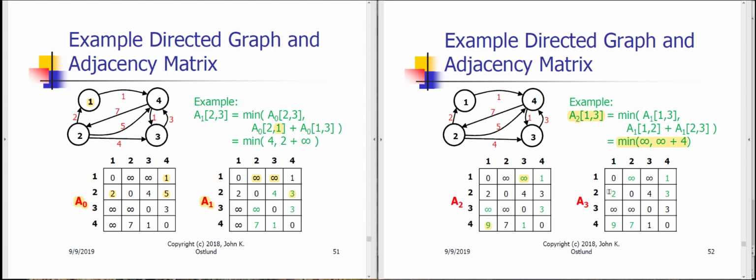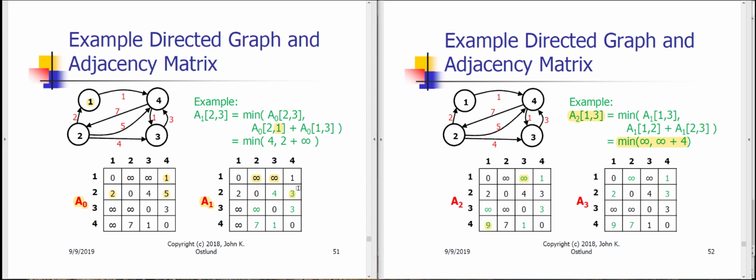We also now are able to use node 1 as an intermediate node, and or node 2 as an intermediate node, and or node 3 as an intermediate node. But unfortunately, as we step through our computations here, we discover that being allowed to use node 3 also as an intermediate node does not give us any improvement. So A sub 3 ends up being the same as A sub 2. We have not discovered any new shorter paths.